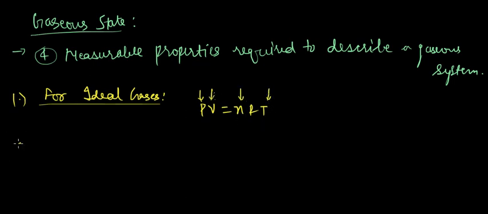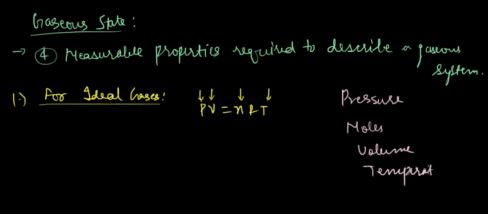R is a gas constant. So let me write all those properties: pressure, number of moles, volume, and temperature of the gas.